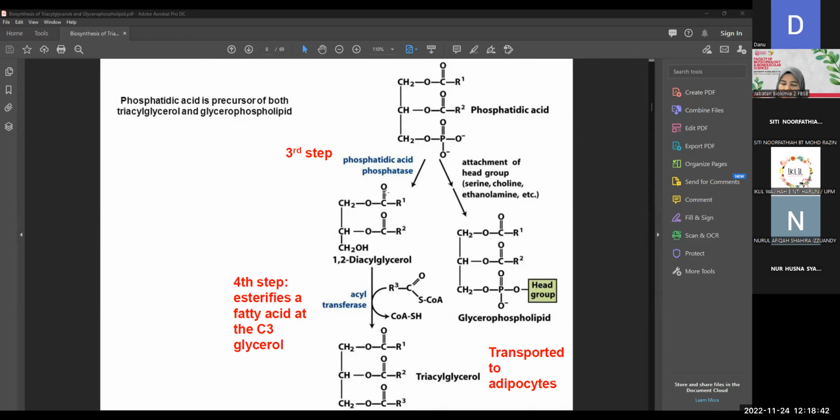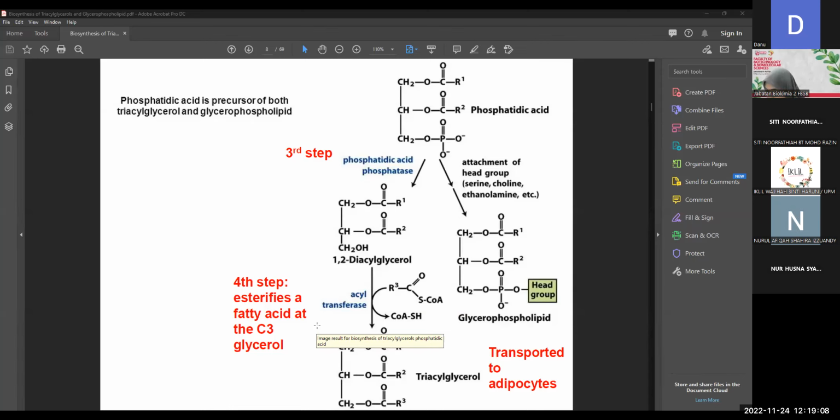Phosphatase is the enzyme that removes the phosphate group, and now we are left with 1,2-diacylglycerol. Then another acylation step adds an acyl group at carbon 3 to form triacylglycerol.